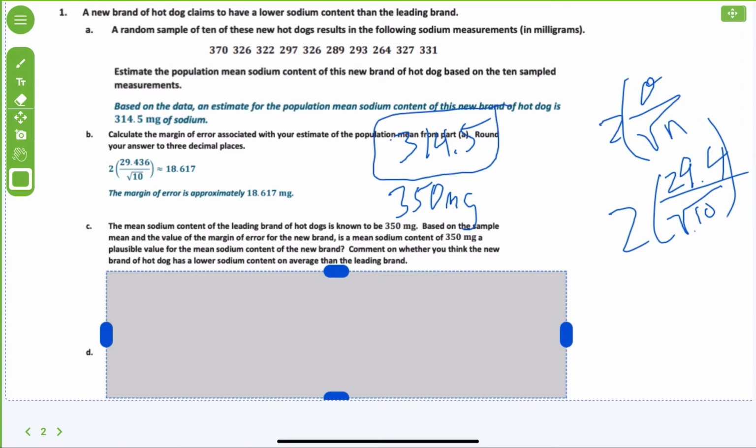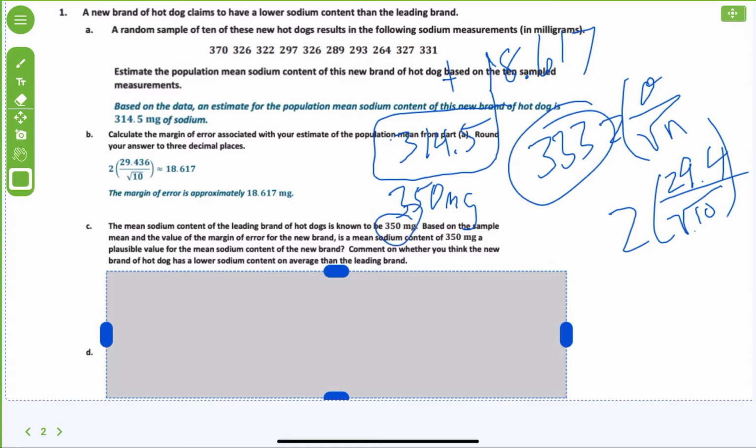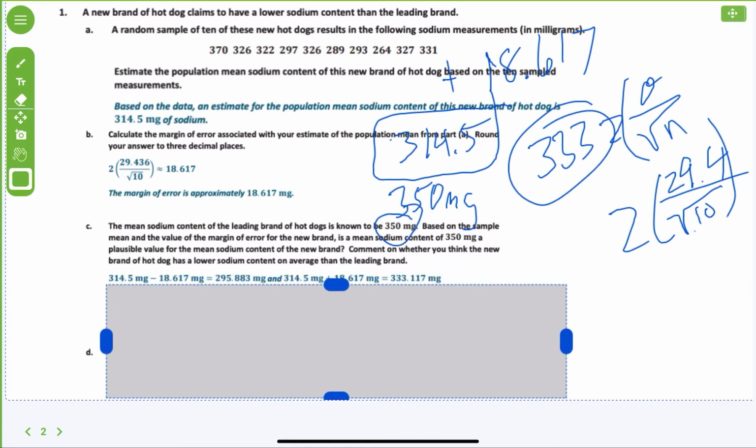Well, we would take 314.5 and add 18.617 to it, and that would give us 333. So, no, that's not really plausible.